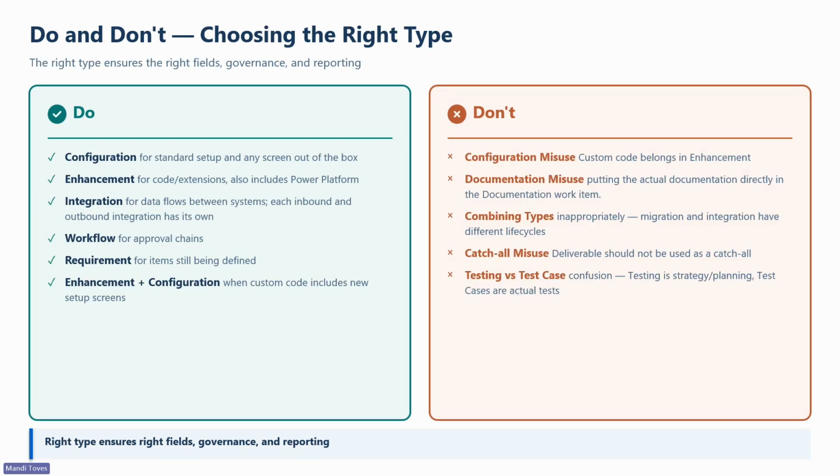Okay, choosing the right type. As we looked at two screens ago, there are a lot of work item types, but choosing the right type ensures the right fields, governance, and reporting. Again, we'll go into this in a lot more detail, but use configuration for standard setup and out-of-the-box screens.